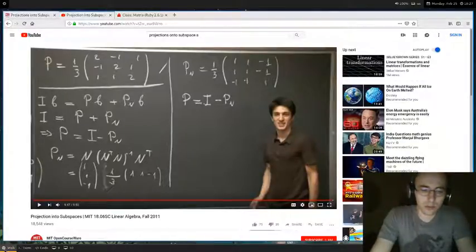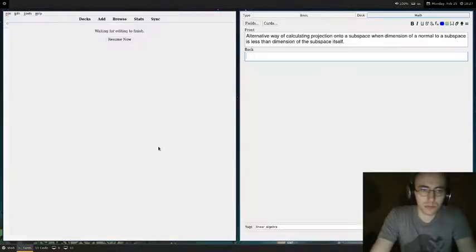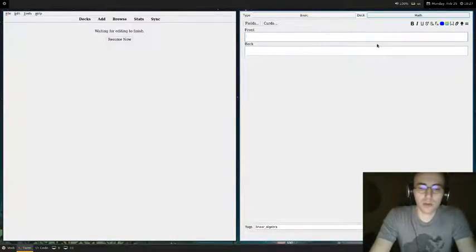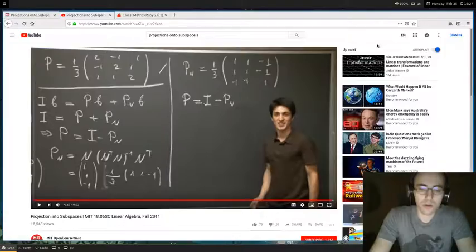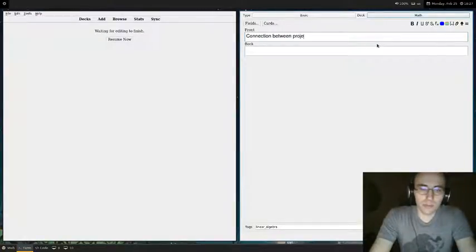What I can actually do is screen this part. Actually, now scrap that. But the first question I will ask myself is the connection between projection onto the subspace and projection onto the normal to a subspace.